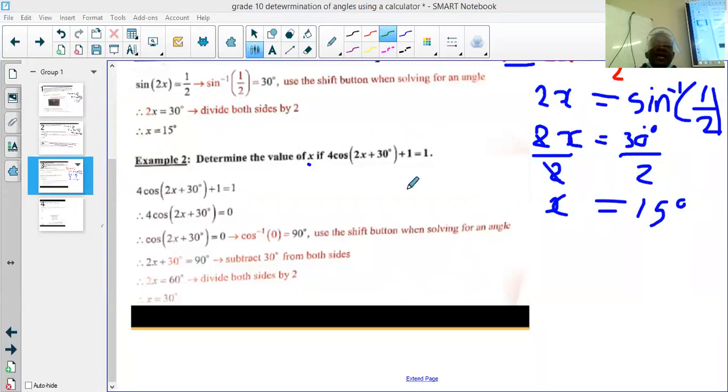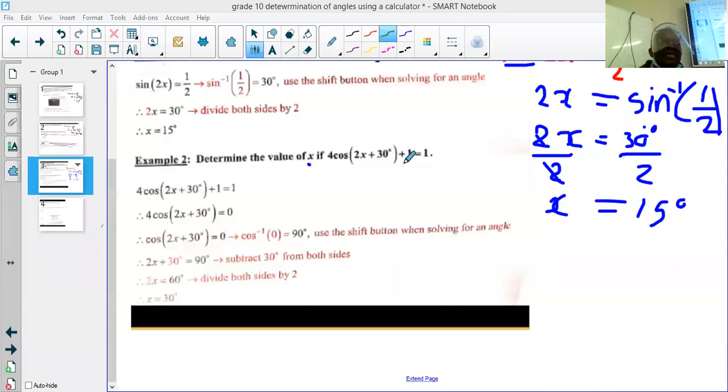Okay. Now we want to look at this one here. Since we've got 4 cosine 2x plus 30 plus 1, the intention is we want to make x the subject of the formula. Let us identify like terms.